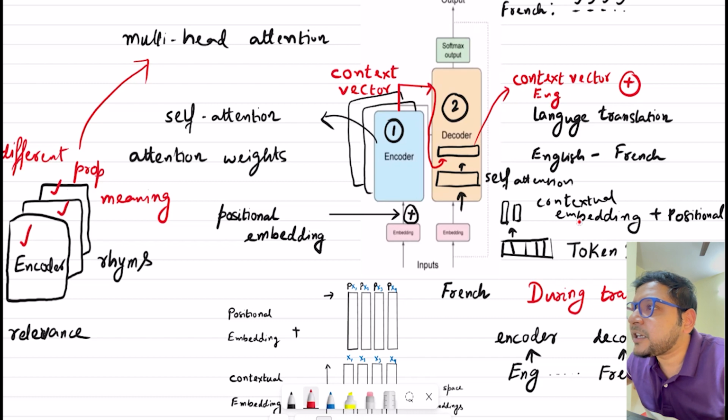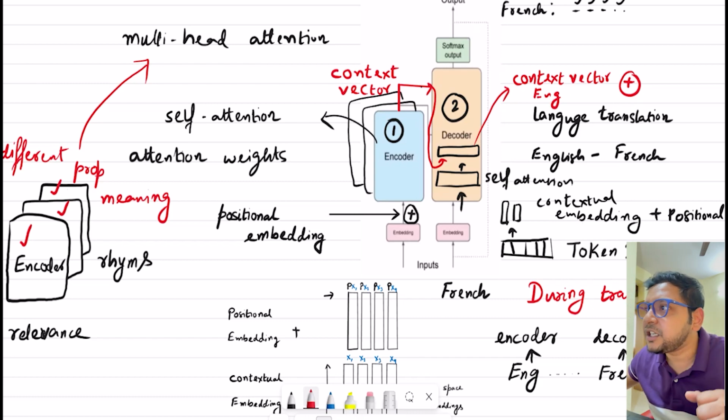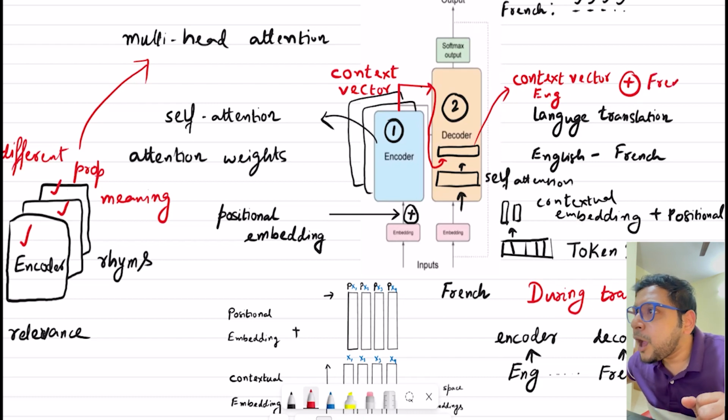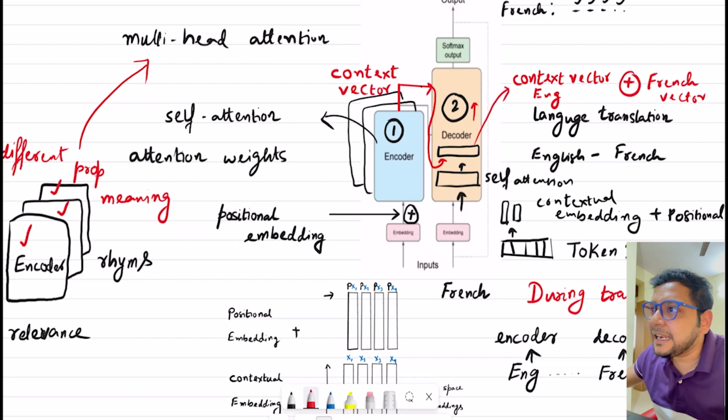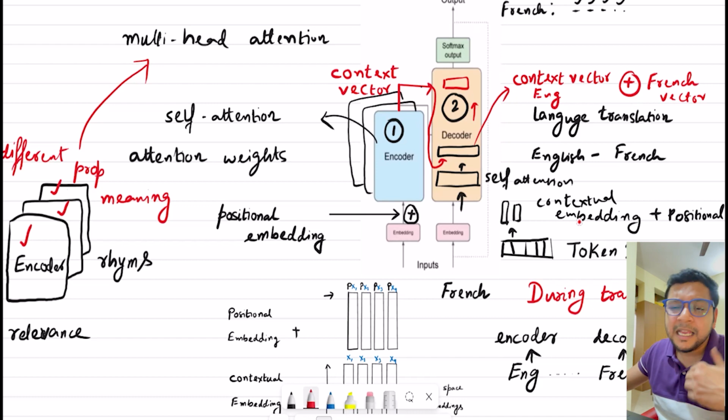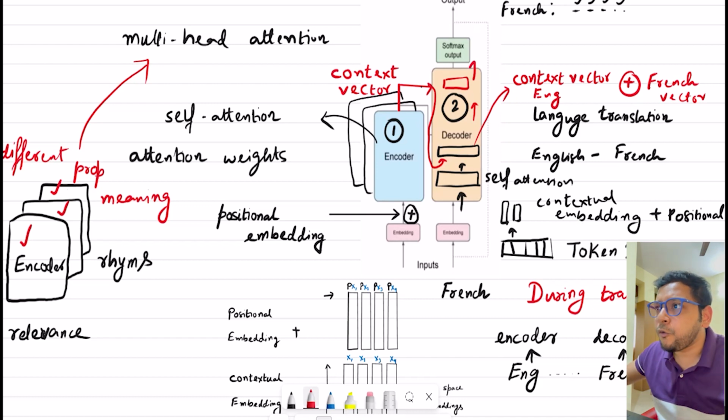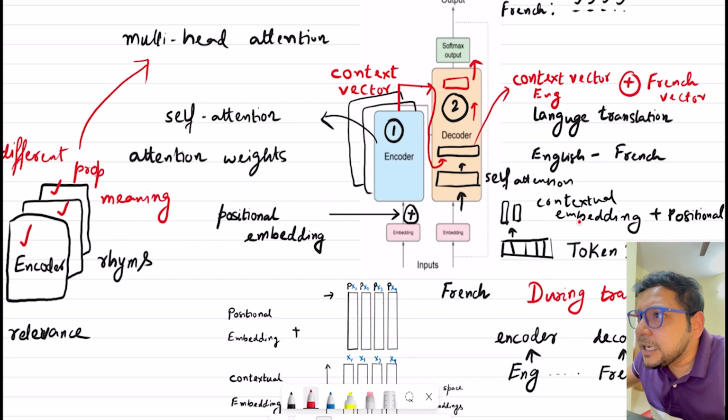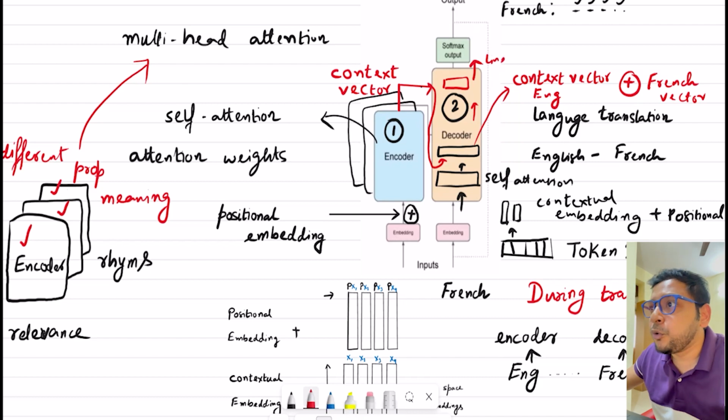This context vector is being added with the French vector or French embedding, and here the actual conversion takes place, and then it goes to the feed forward network. There is one feed forward network. I will go into details of all these things in another video. Now I am giving an overview, and then it goes as an output, and here there is a linear layer.